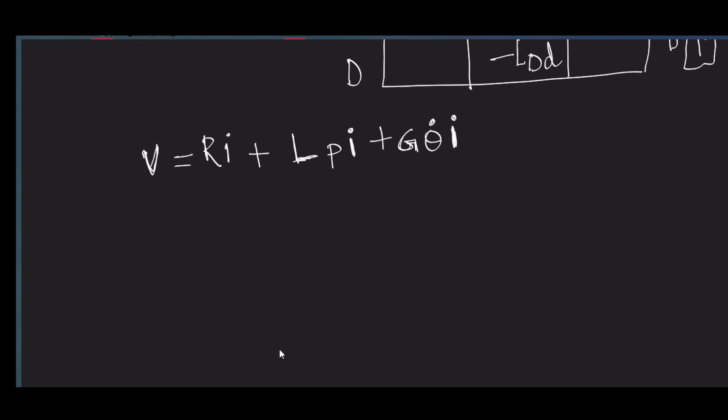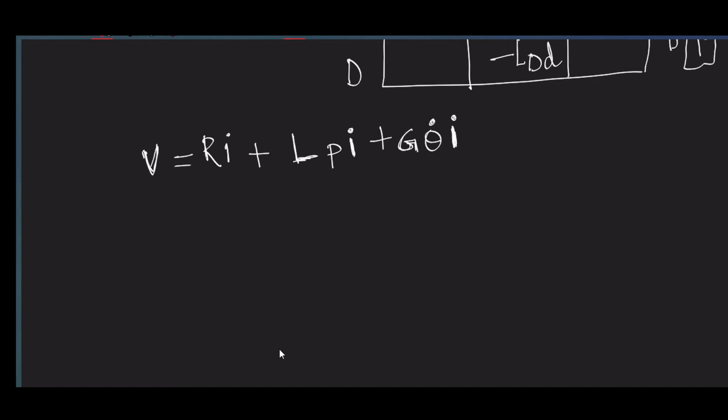So from this equation, we need to figure out the expression of this. This is the voltage equation after its transformation to stationary reference frame. It takes this shape.